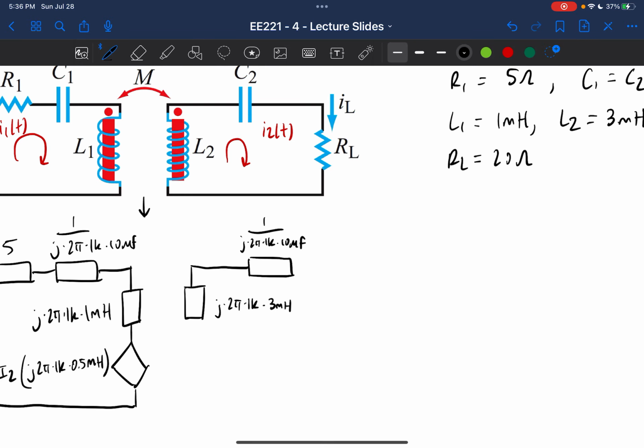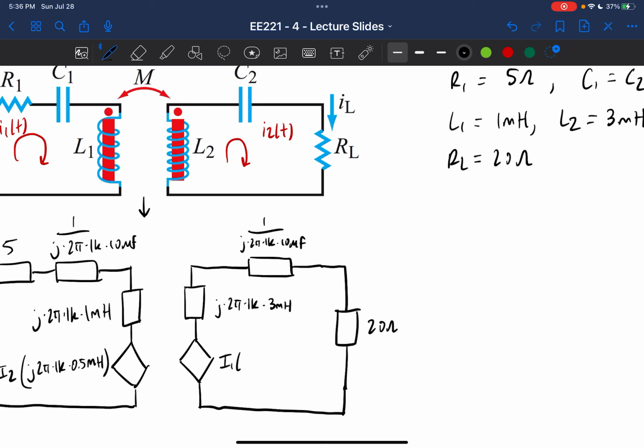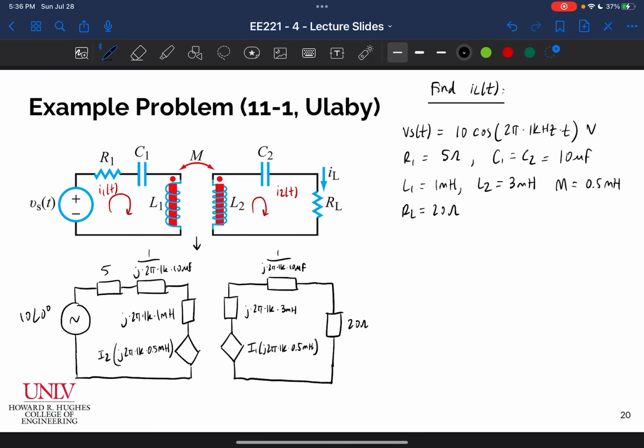Then we have a load resistance of 20 ohms. And then finally our source, that's going to be induced by I1. So that's going to be I1 multiplied by J 2 pi, 1K, 0.5 millihenries, okay? And so we need to determine the polarity of these voltage sources. Obviously, we need to plug in all these values, and then we can go ahead and solve this circuit.